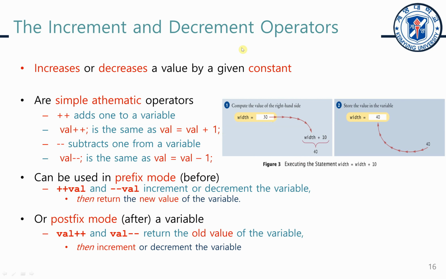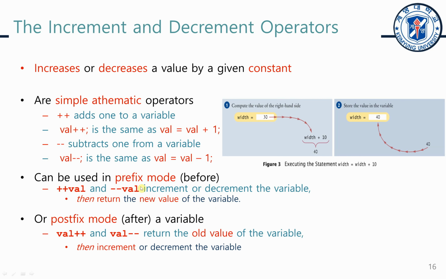The increment and decrement operators can come before the variable or after the variable. That means they can appear before this val or after this val. When they appear before, we call them prefix. When they appear after, we call them postfix. In prefix, we first do the computation and then return the new value of the variable.